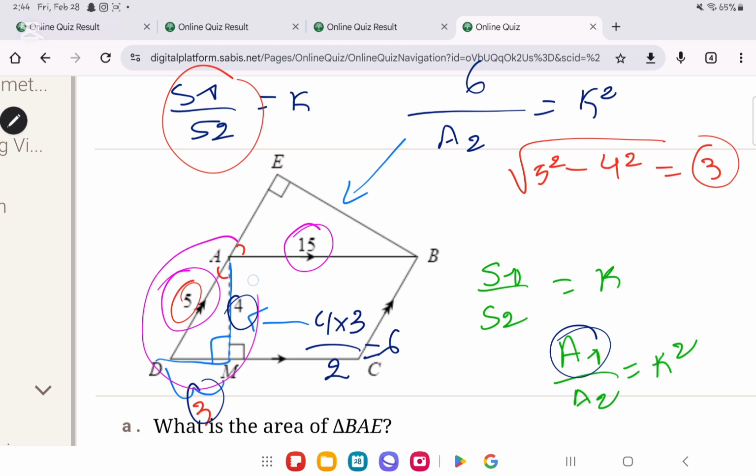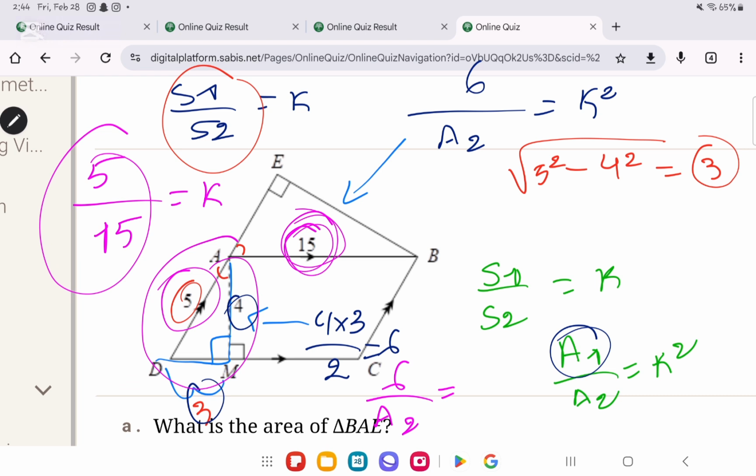So since we started with this one on top, we are gonna put this one then on the bottom. So side 1 is gonna be 5, side 2 is gonna be 15, so 5 over 15 is equal to constant. Alright, then that means 6 over area 2 is equal to constant squared. If 5 over 15 is constant, that means 6 over area 2 is equal to 5 over 15 squared.